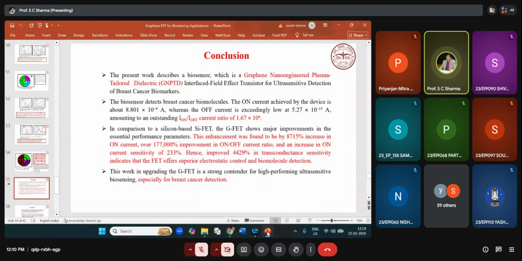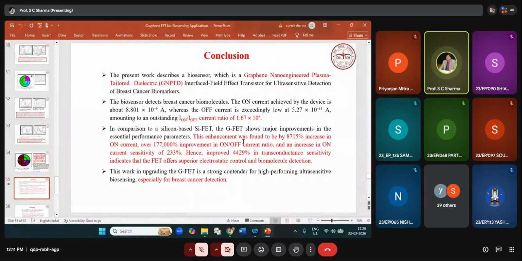So the impact of graphene nano-engineered plasma tailored dielectric interface field effect transistor for ultra-sensitive detection of breast cancer biomarkers, and the on-off current ratio is this much.